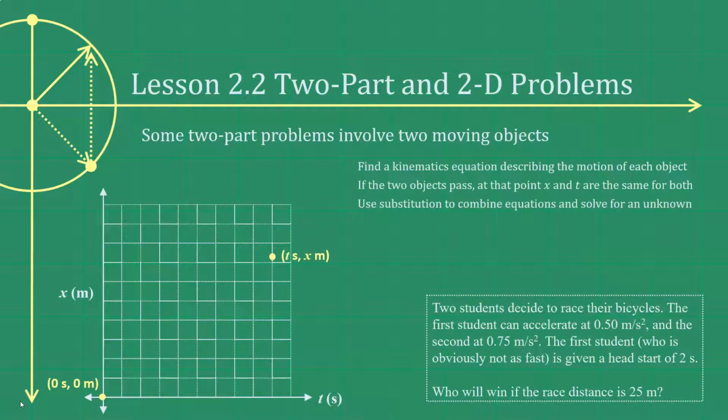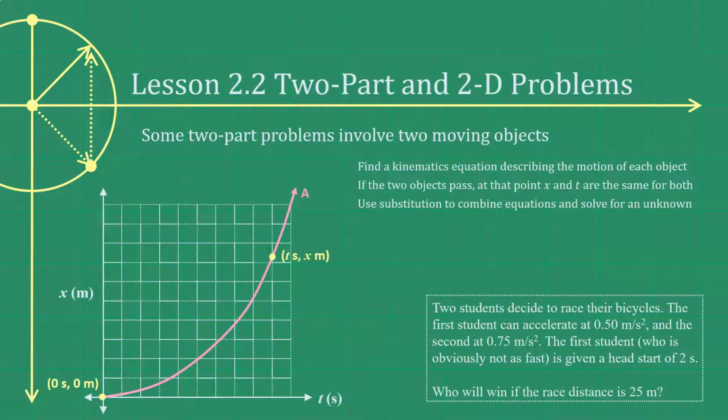That seems like it should get plugged in somewhere. But keep in mind, in these graphs, I'm finding where these students pass one another. And that's not going to happen at 25 meters necessarily. So I just have to work this problem out and find the meeting point distance and then compare it to that 25 meters later. So this would be the curve for the student with the head start.